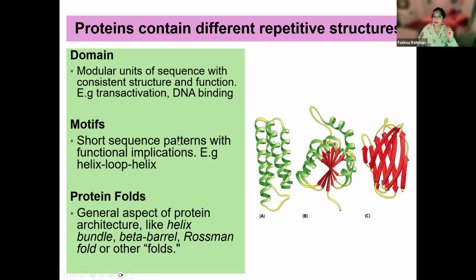So domains are examples of modular units of sequences that when present will do a particular function or be involved in a particular structure. For example, we talked about a few of them already, these alpha helices, right? And beta folds, these kind of protein folding structures.